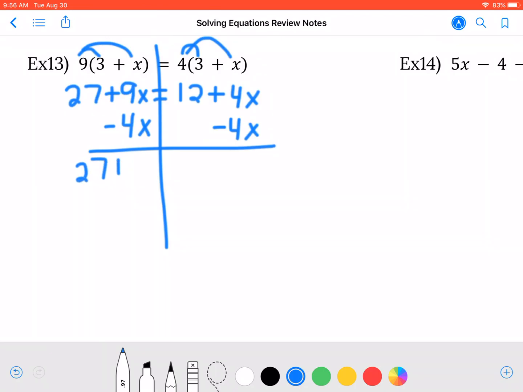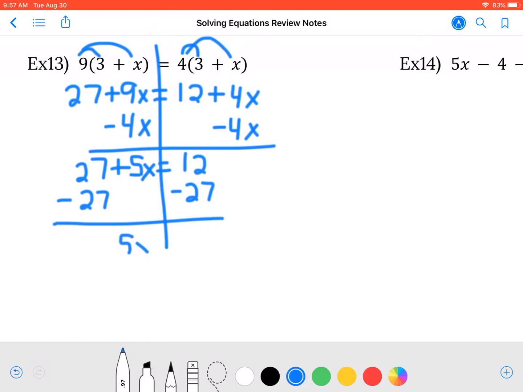So 27 plus 5x equals 12. Subtract 27. We get negative 15. And divide by 5. x equals negative 3.